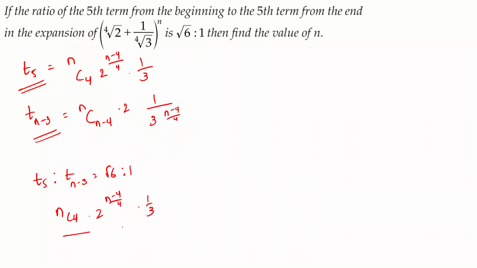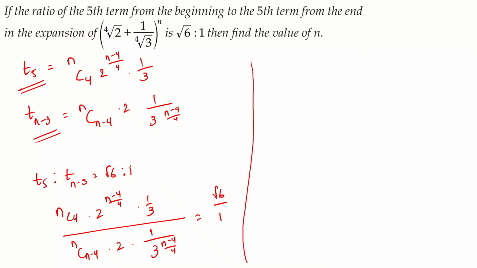This is T5 divided by Tn minus 3, which is nC n minus 4 into 2 into 1 by 3 to the power of n minus 4 by 4. This is given to us to be root 6 by 1. Now we have to solve and find out the value of n. So I recommend you pause the video and try it yourself and match the answer. I am also doing it.